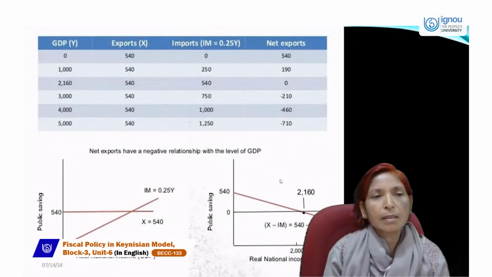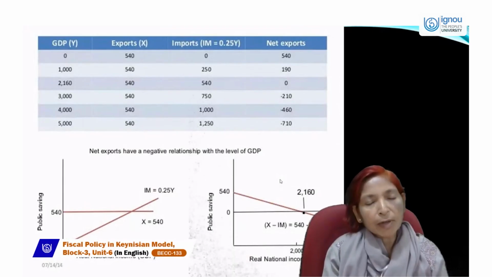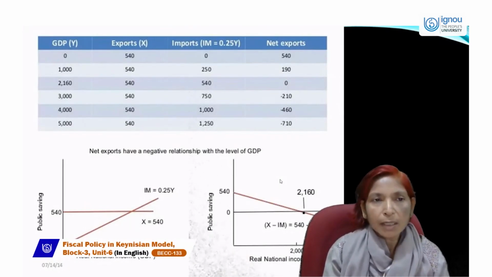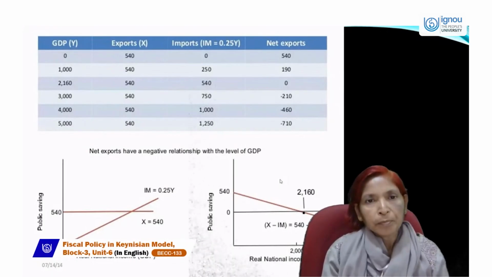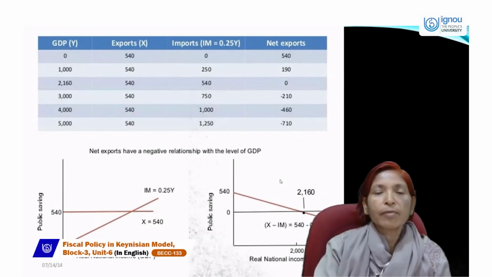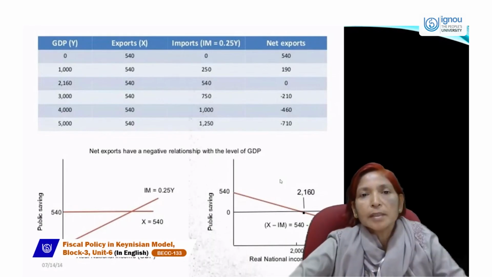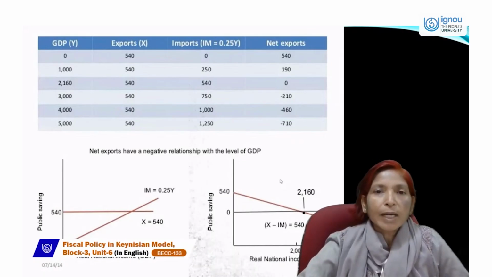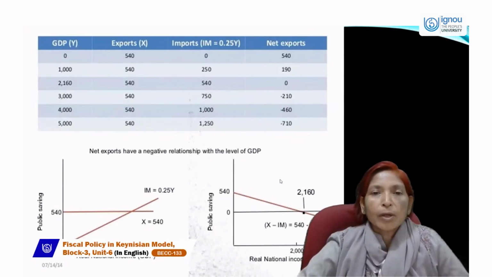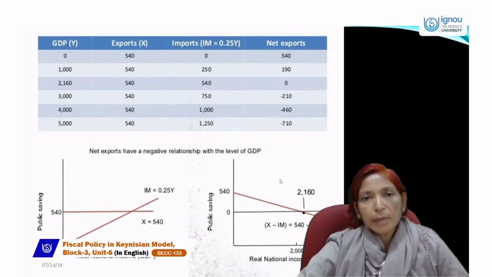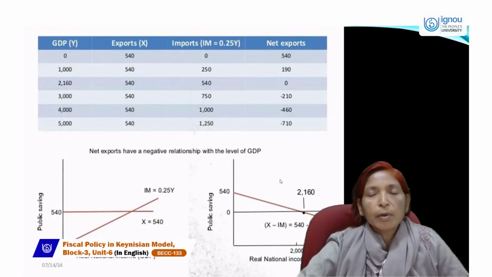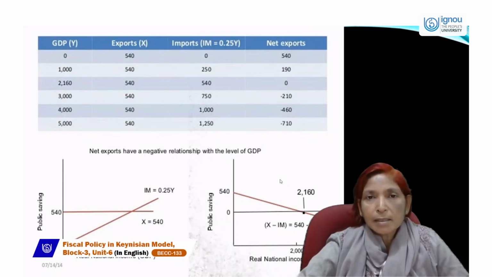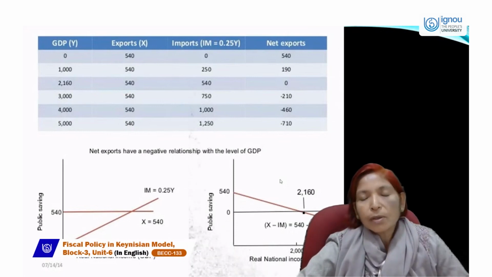We can take any other amount, like 500 or 1000, but here we have taken 540, which remains constant. And imports, we assume, are 0.25Y. 0.25Y means we multiply 0.25 by the level of income, because imports depend upon the level of income. As income and GDP rise, our imports also rise.